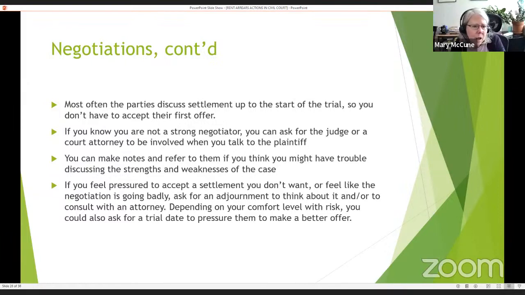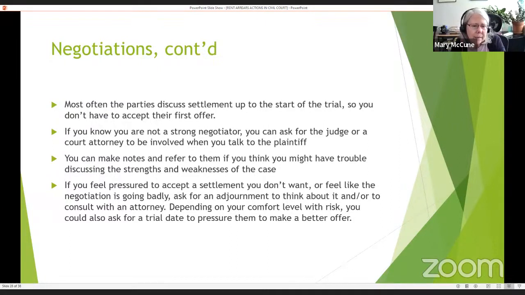If you feel like you're not a strong negotiator and that you're going to be so anxious you're not going to be able to really get the result you want, you don't have to negotiate one-on-one with these people. You can ask for the judge or a court attorney to be involved when you talk to the plaintiff.